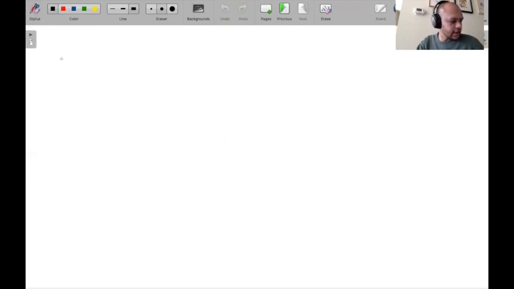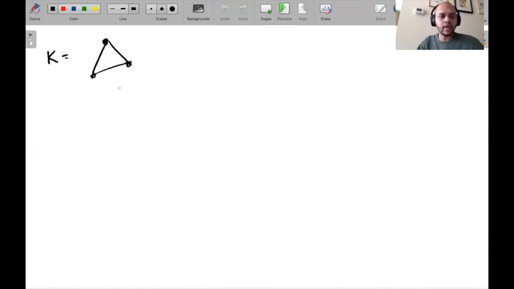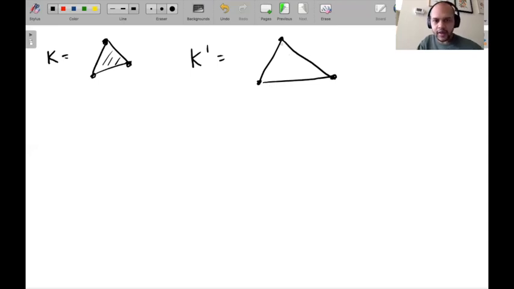A little more interesting example, if K is equal to just a triangle, a two simplex, then, so let me actually label these here. So here's K, here's K1. In this case, if K is this triangle filled in, then K1 is the same triangle, drawn the same shape and size, but then we subdivide it like this.